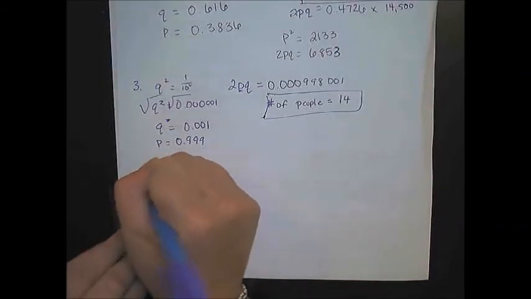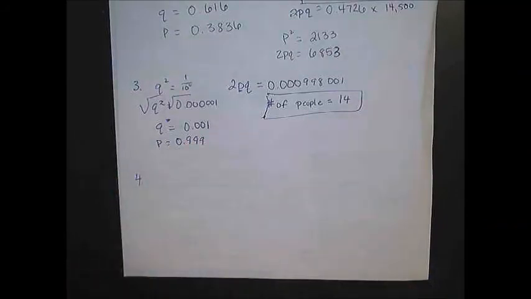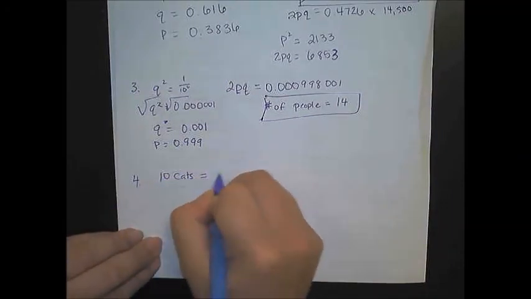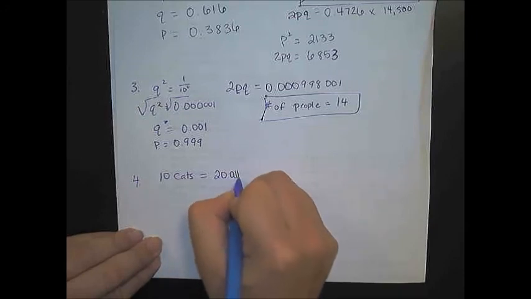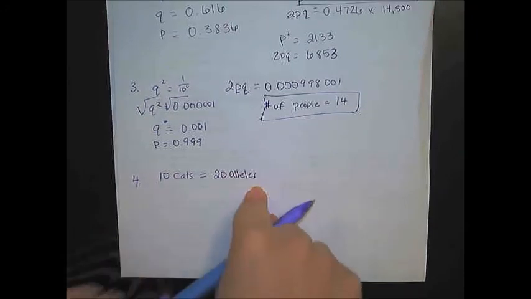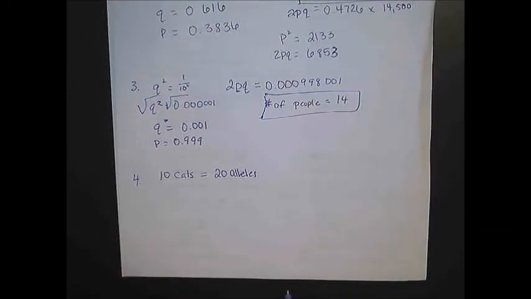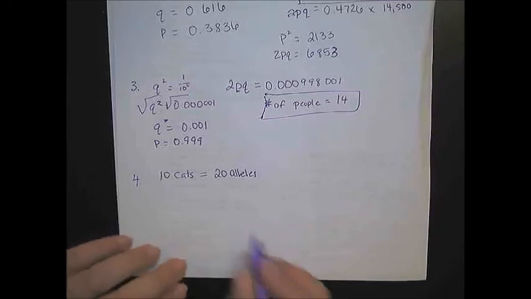For the last problem, we are given that there are 2 Siamese and 3 Persian cats. So since there are 10 cats, that means that there are a total of 20 alleles in that population. And of those in that population, only one individual carries the little f, the recessive allele for the ears.